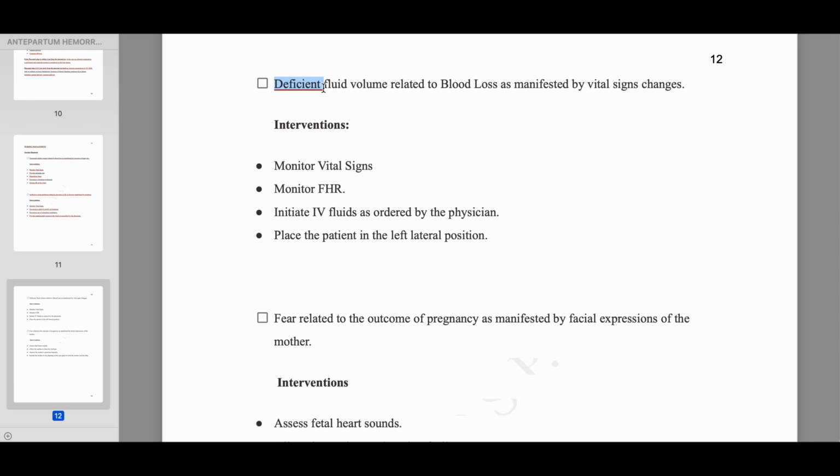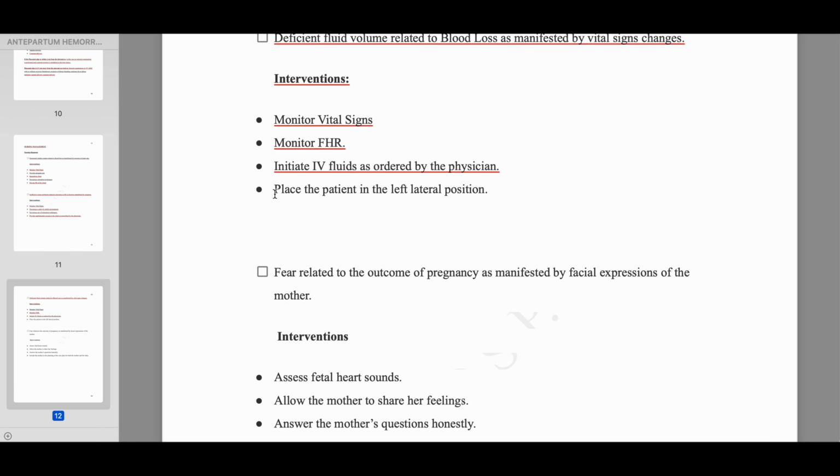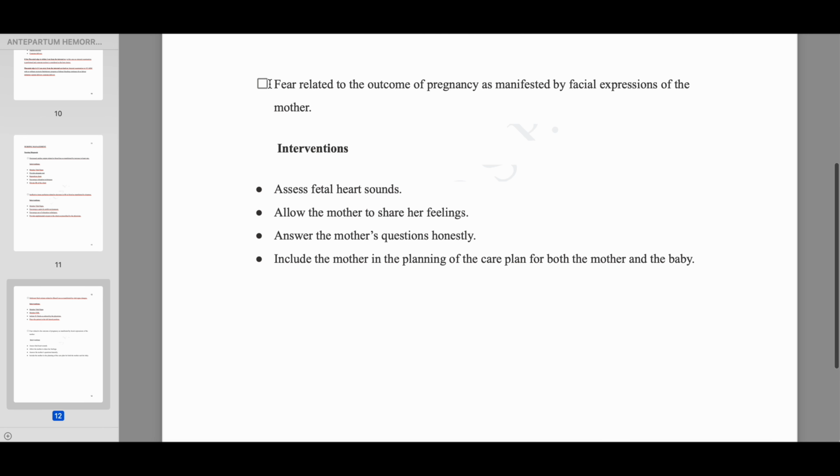Next is deficient fluid volume related to blood loss, as manifested by vital signs changes. Interventions are monitor vital signs, monitor FHR, initiate IV fluids as ordered by the physician, place the patient in the left lateral position. Next one is fear related to the outcome of the pregnancy, as manifested by the facial expression of the mother.